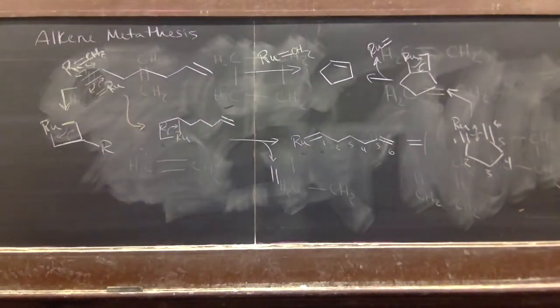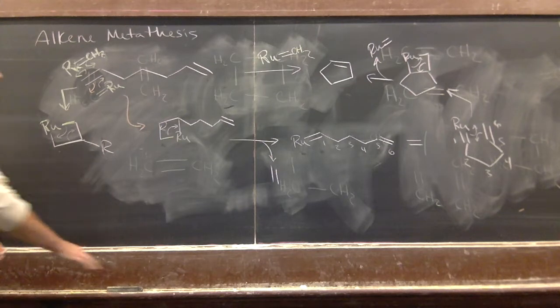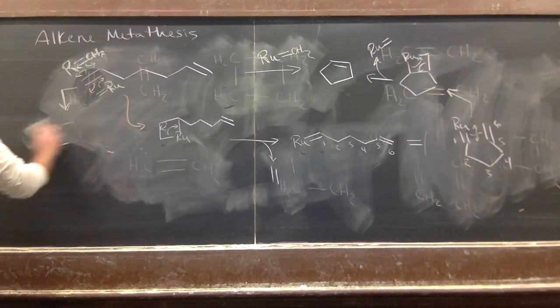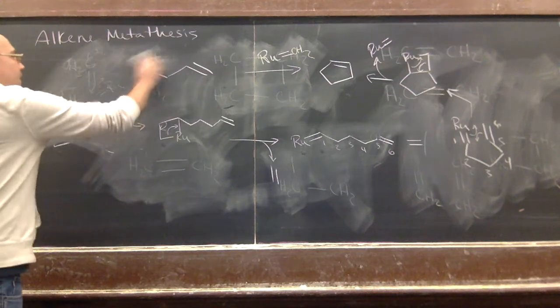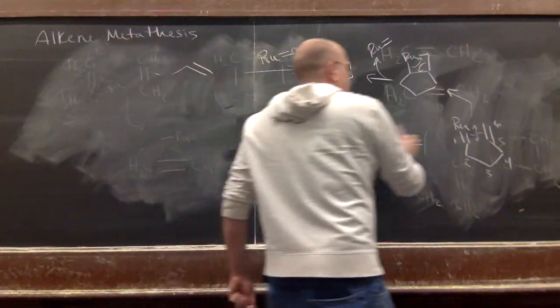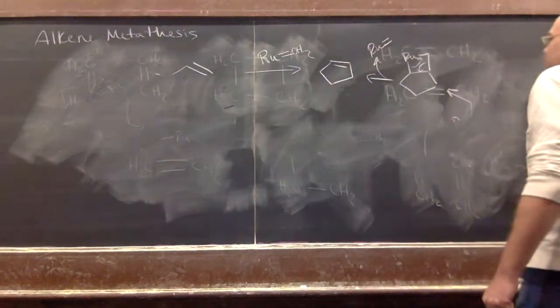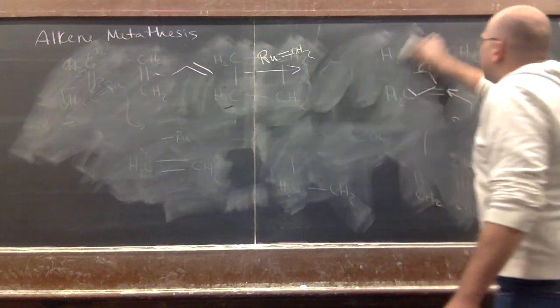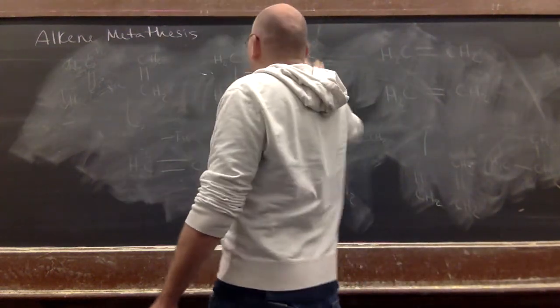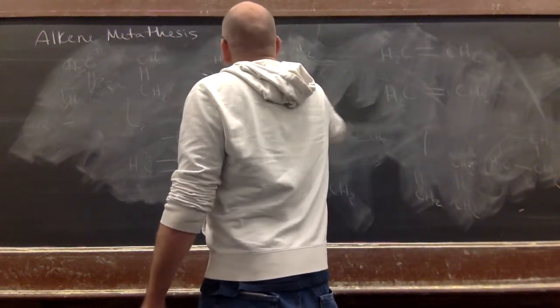So this is ring closing metathesis. Actually, I lied earlier when I said there's only 3 classes. There'll be a few others, but really 3 classes. All right. So we can do ring closing metathesis, and we can potentially do ring opening metathesis.